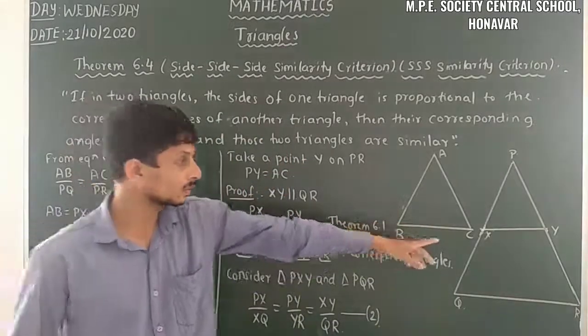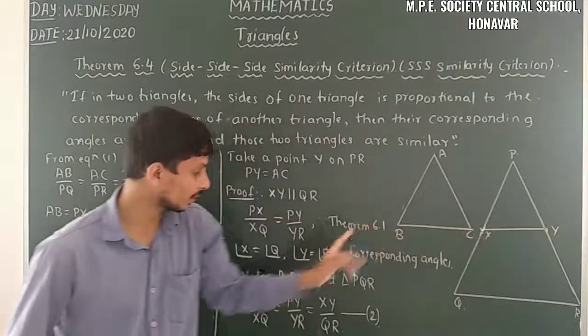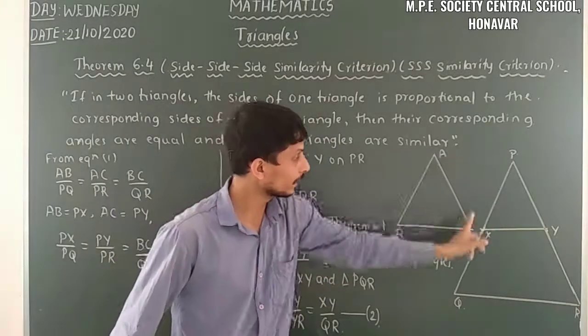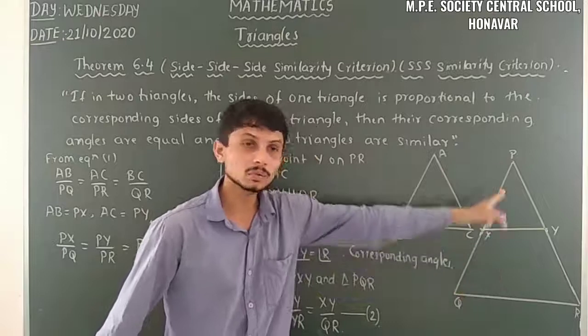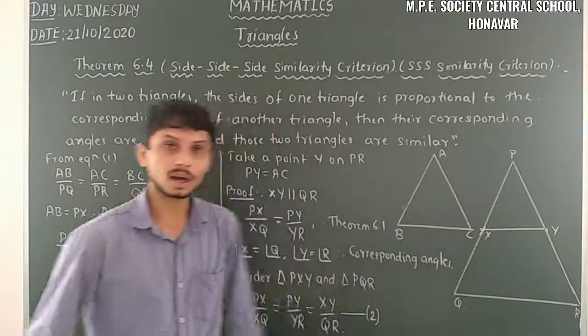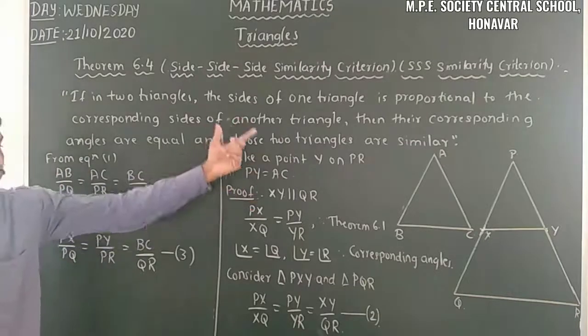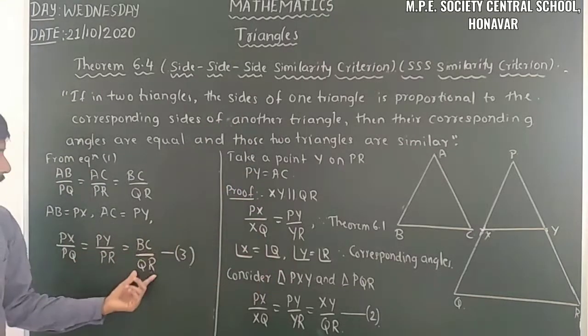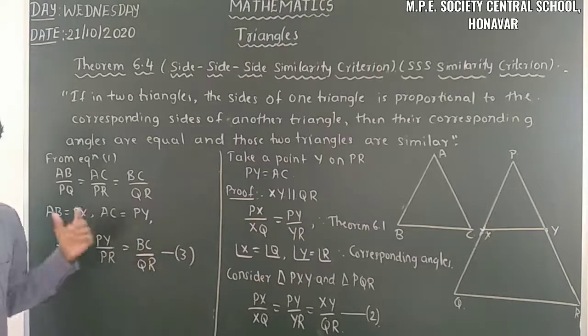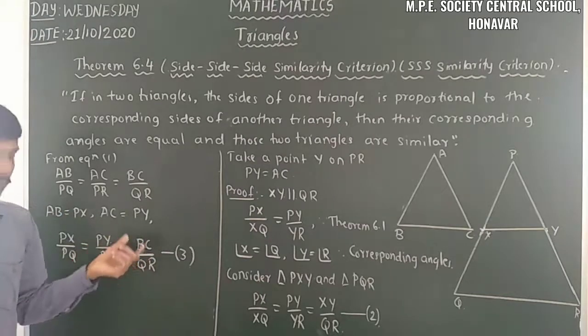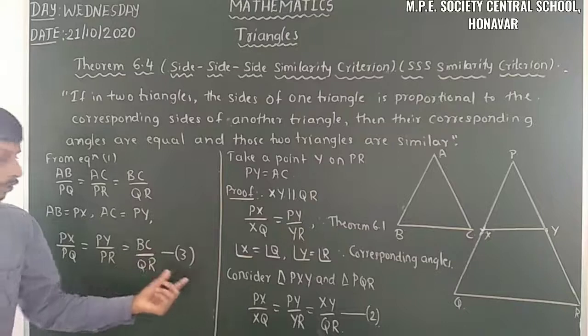Here we took XY in this case. When we consider triangles PXY and PQR, we have XY by QR. When we consider ABC and PQR, we have BC by QR here.